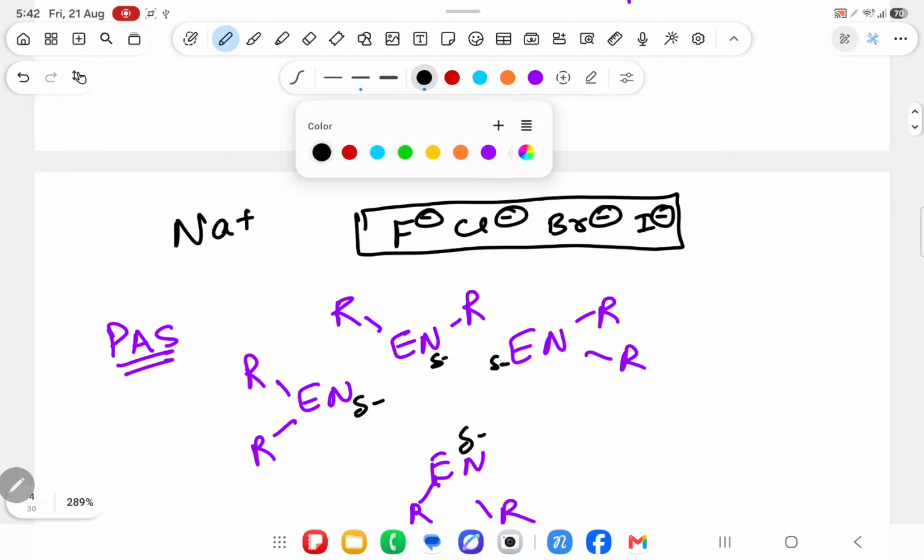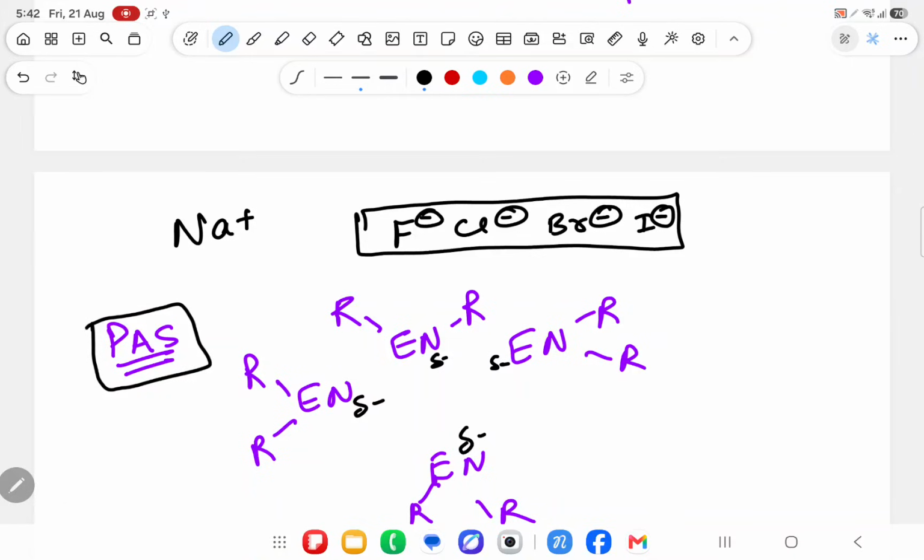Suppose I am going to take one example. I have taken a solvent, and inside that solvent I have taken polar aprotic. In that solvent, I will put sodium and also fluorine, chlorine, bromine, iodine. Polar aprotic solvent has an electronegative atom, no hydrogen. The sodium will be there in the middle. These all will try to attract towards themselves and make a cage-like structure.